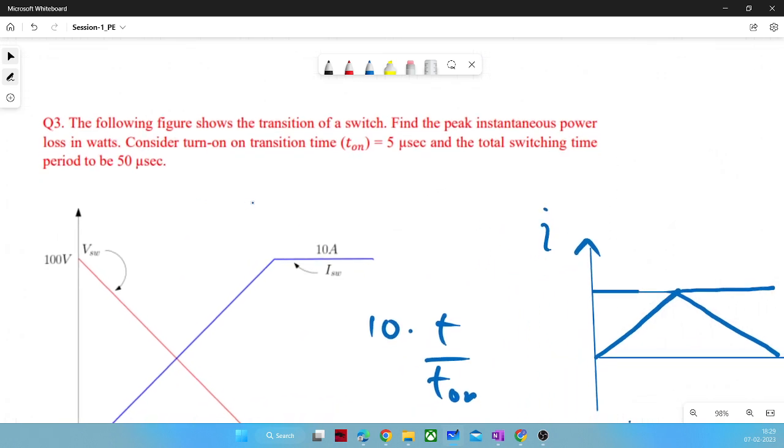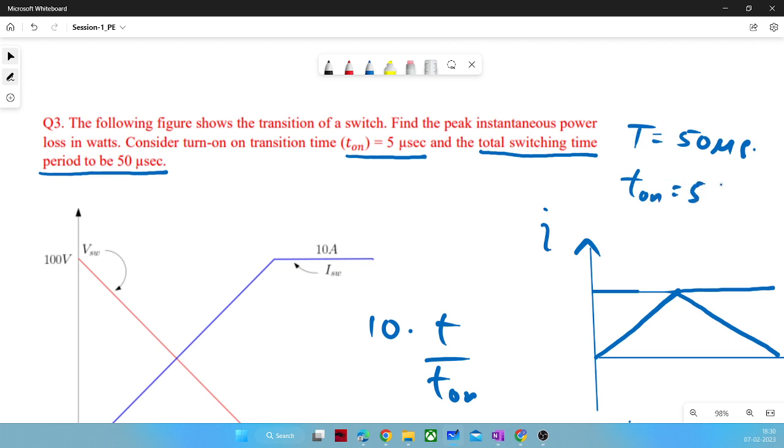In the problem, you can see it is mentioned that the total switching time period is 50 microseconds, and this turn on transition happens in 5 microseconds. So T we can write as 50 microseconds, and T on is 5 microseconds, and the data are enough to compute power loss during on period.